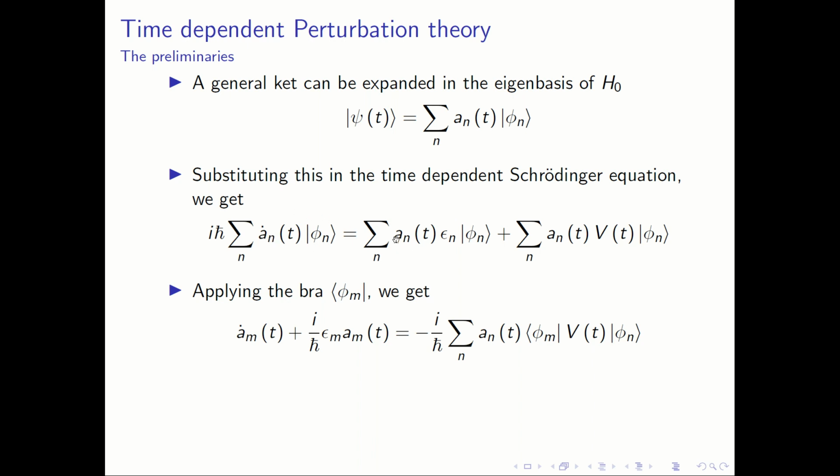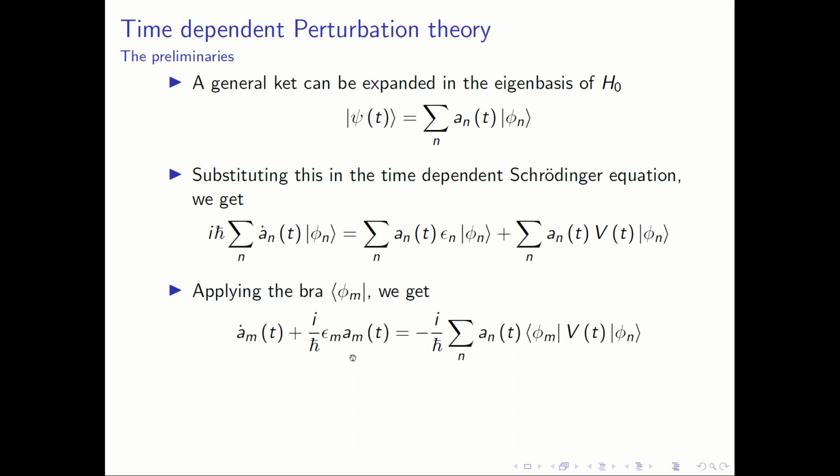And then on this term you get a n epsilon n, again a delta mn, so this becomes a m epsilon m. And this term of course stays a complete sum, because when phi m acts on this, I get the matrix element bra phi m, operator V of t, ket phi n. And by simply changing sides a bit and dividing by this iħ factor, I end up with this equation.